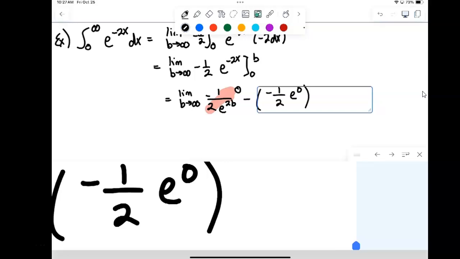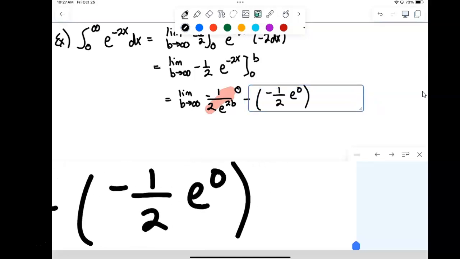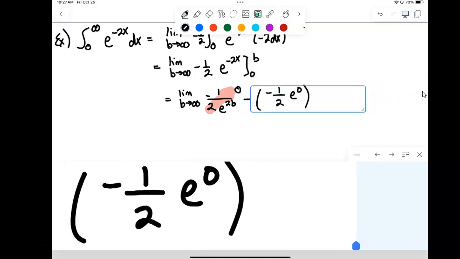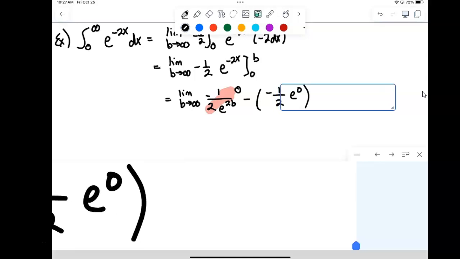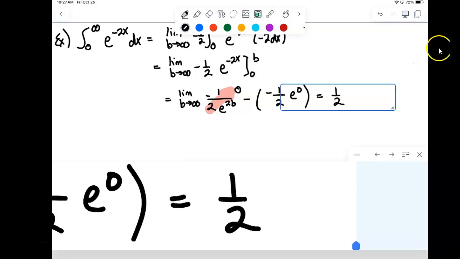And then over here, minus a minus is just going to make that plus. E to the 0 is 1, so that's going to be a positive 1/2. And so therefore, this integral, the integral from 0 to infinity of e to the minus 2x dx, converges to 1/2. Converges to 1/2.